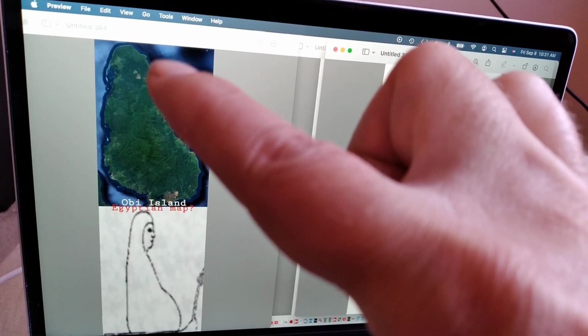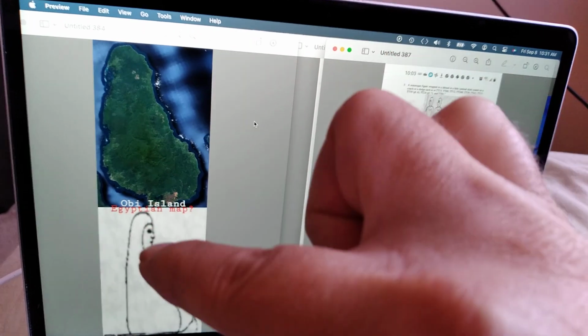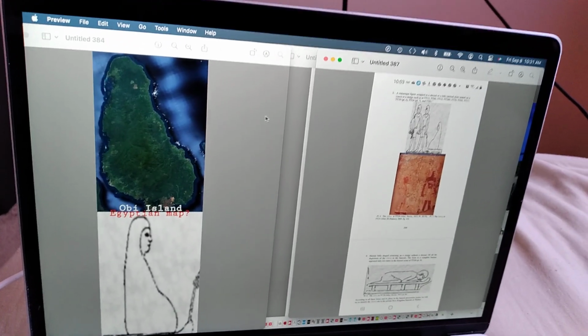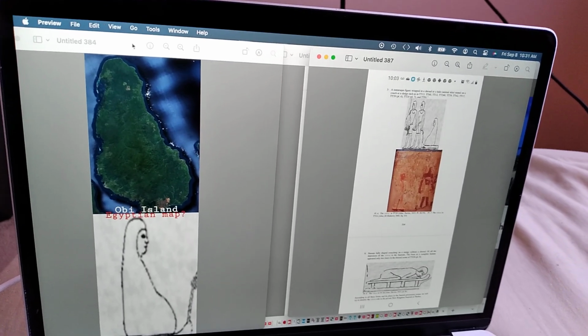And then it does seem to have the shape of a face on there. So it matches pretty well.